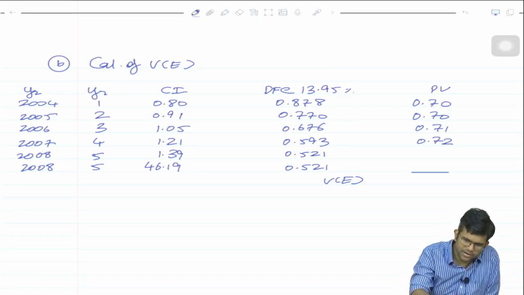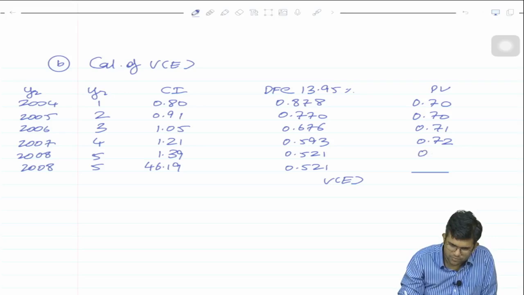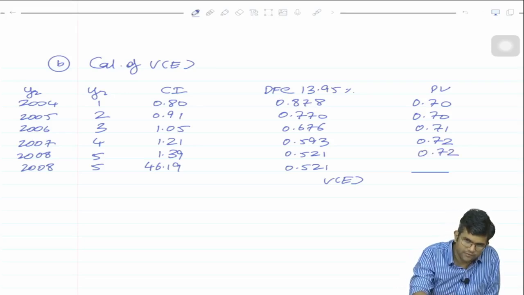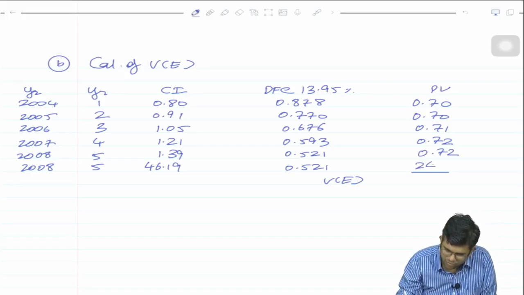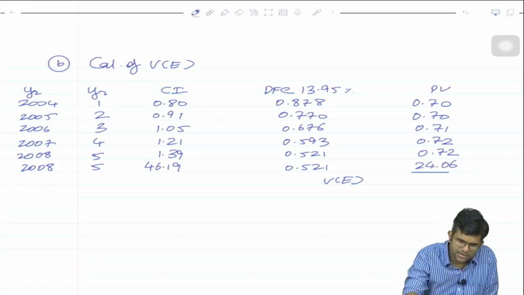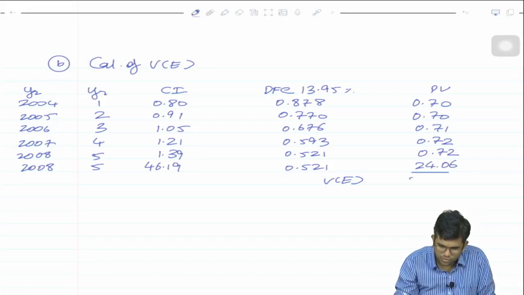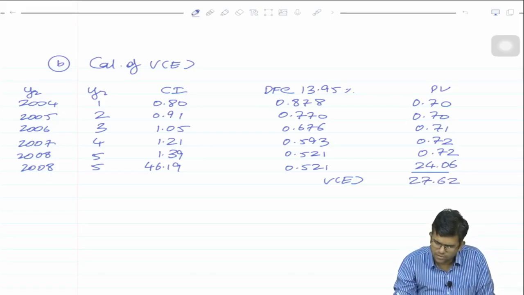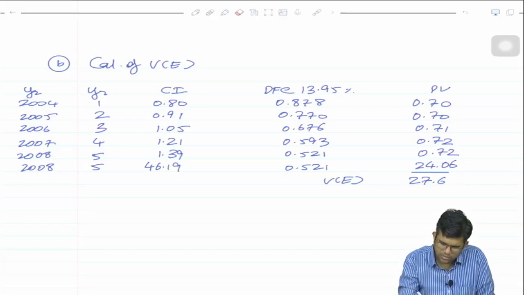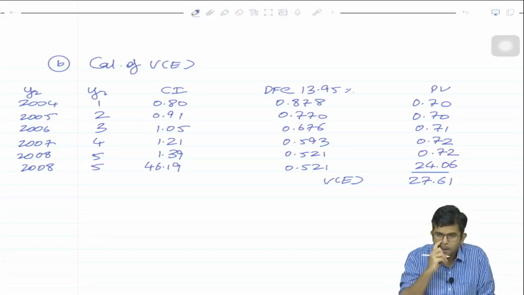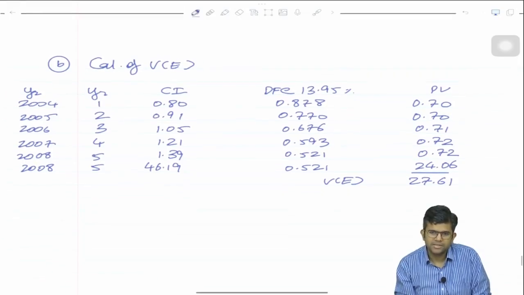Then 1.39 into 0.521 is 0.72. And then 46.19 into 0.521 is 24.06. And this comes to 27.62. 2, 1, 3, 2 to 5, 5 and 6. Okay, so this must be around 27.61. Okay, everyone done? So that is the calculation.